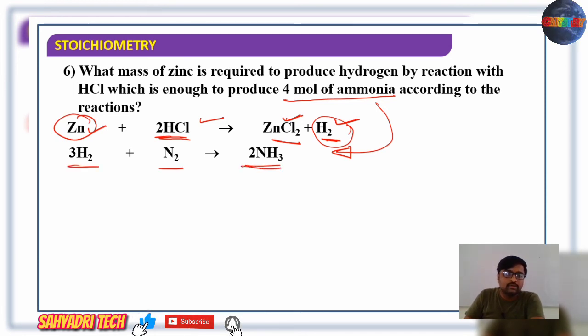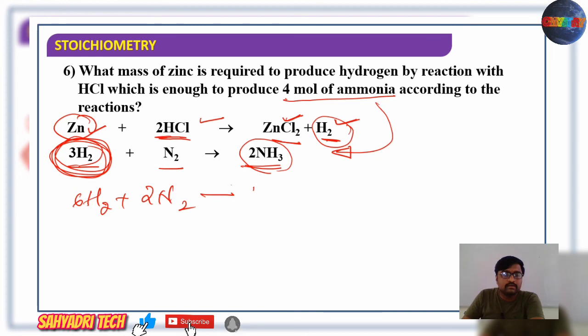So to give 2 moles of ammonia, 3 moles of hydrogen are required. How much ammonia is to be produced here? 4 moles, so we just multiply by 2: 6H2 plus 2N2 gives rise to 4NH3.